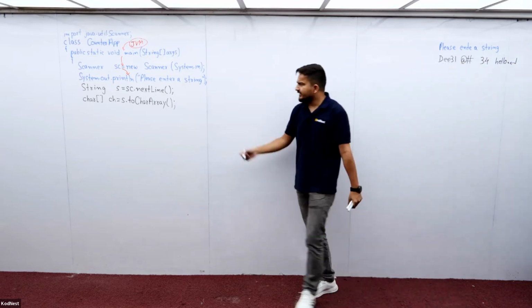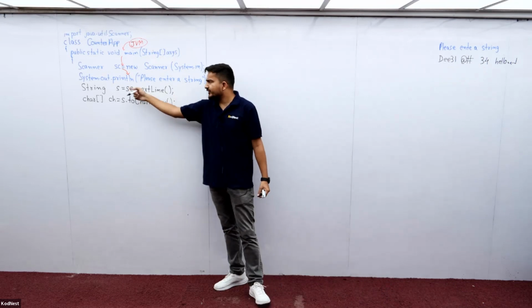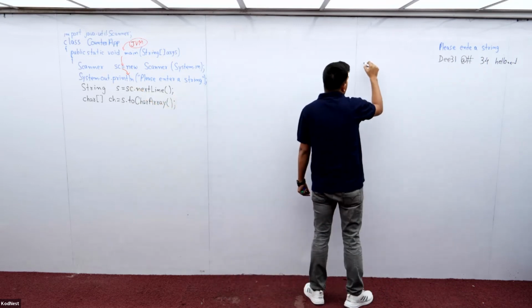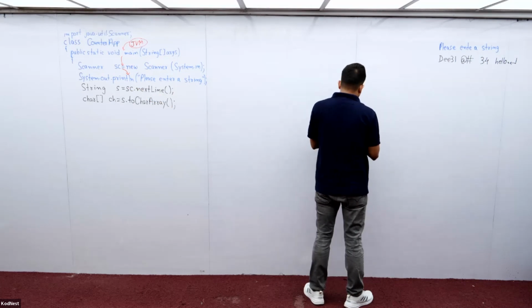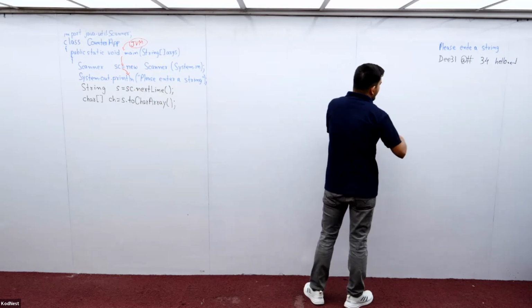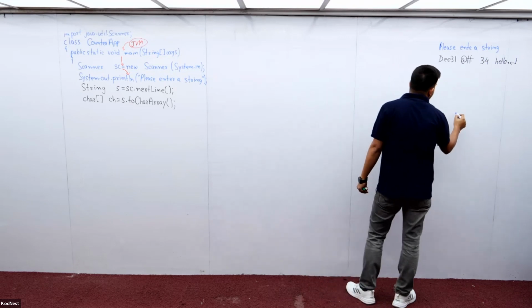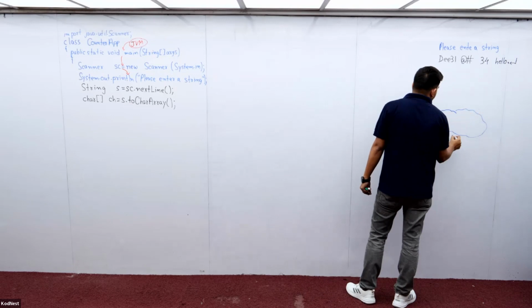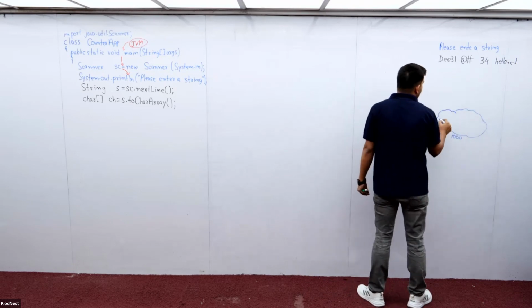What are we doing next? Whatever the user has entered, we are storing in a variable called S. So in the memory somewhere, what is going to happen? Of course, on the heap segment, an object will be created. It will have some address, let's assume 1000. Inside this object, this entire string will be stored.